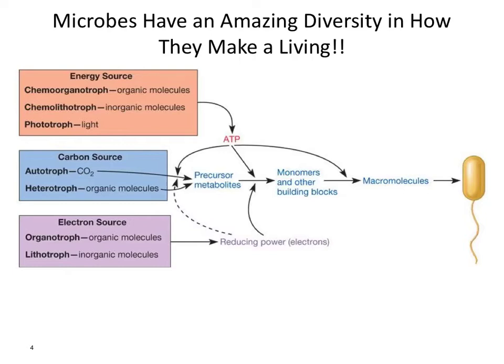In a lot of textbooks, they won't separate out the electron source. It's simply known that the electrons come from the molecules that are usually providing energy, but that's a little bit different in the phototrophs, which will still need a source of electrons ultimately. So those are the categorizations from a metabolic perspective for organisms, and certainly for microbes.